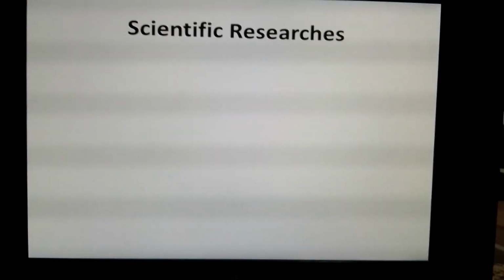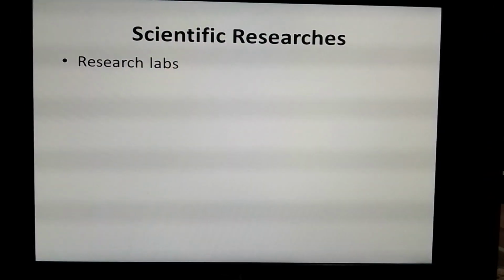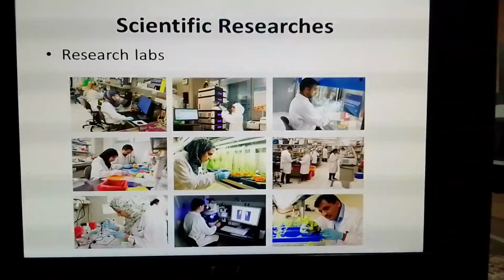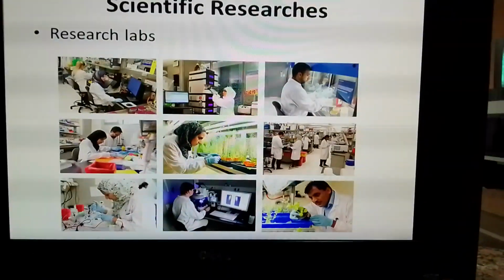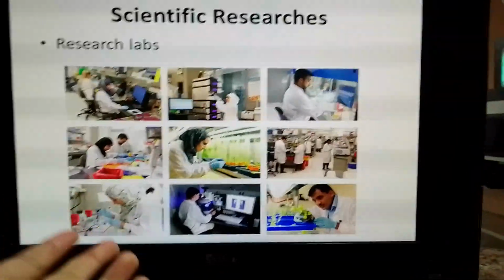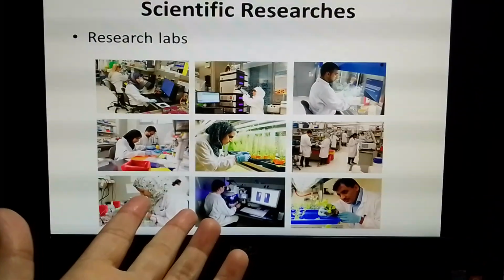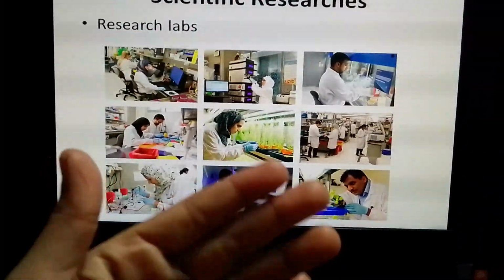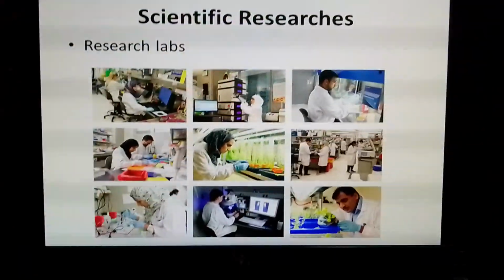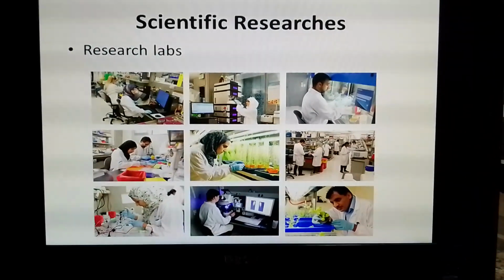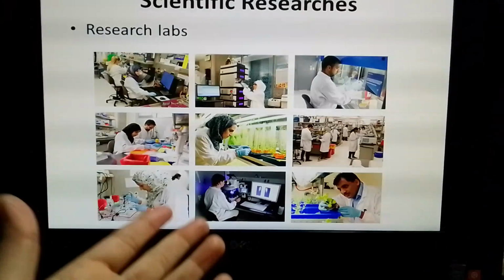The next is how computers are used in research labs. In research labs, they can search for information on the internet. They can record their information on computers so that they can easily analyze and search it. With the use of software applications, they can also do research work.